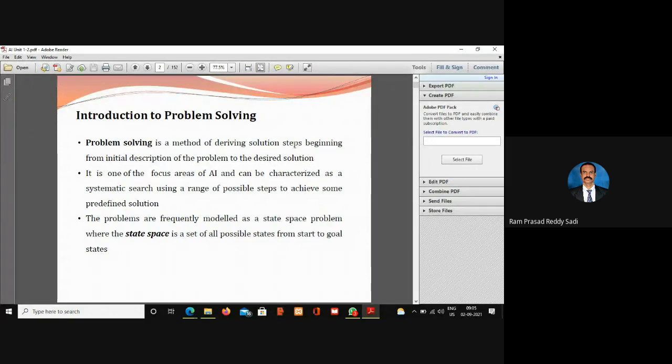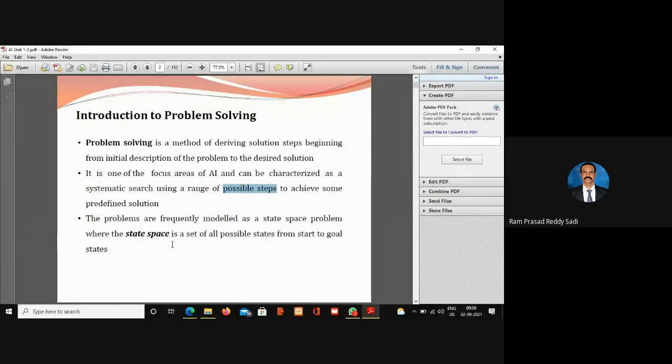This is one of the important areas of artificial intelligence, and it can be characterized through a systematic set using a range of possible steps. If you follow these possible steps, definitely you come across a solution. So it is deterministic. There could be certain cases which are non-deterministic also, but here we are going with the deterministic concept.